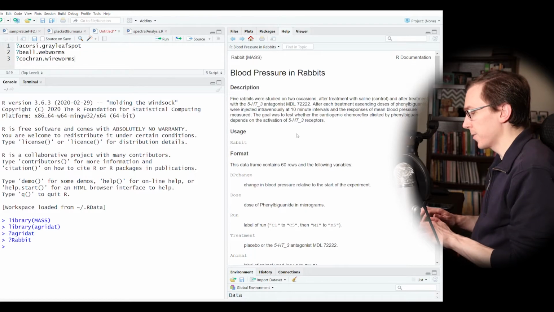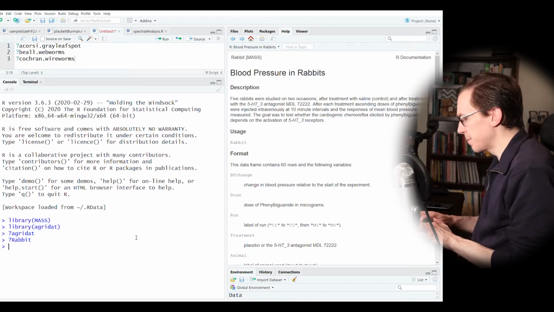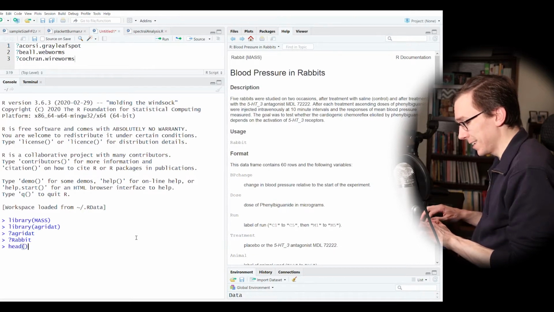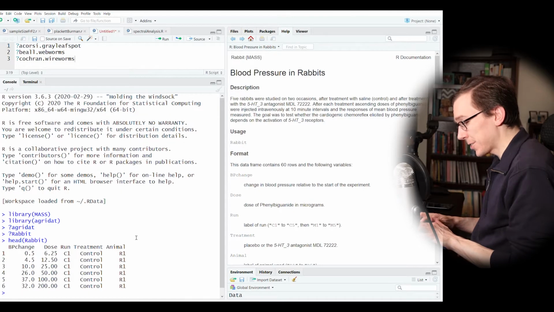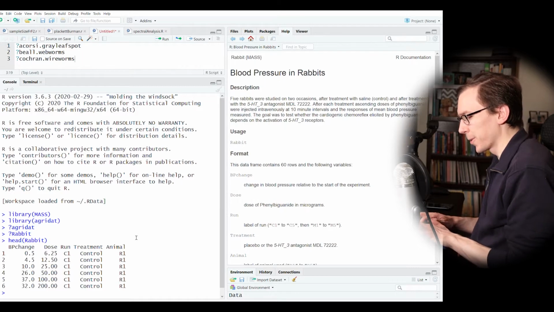So this rabbit data set is in the MASS package in R. It's one that we looked at earlier in this course in one of the assignments, but it's a good example of data that we first have to transform. Let's double check what this data looks like. Actually, we have to transform the dose because the dose needs to be a factor or an ordinal factor variable.